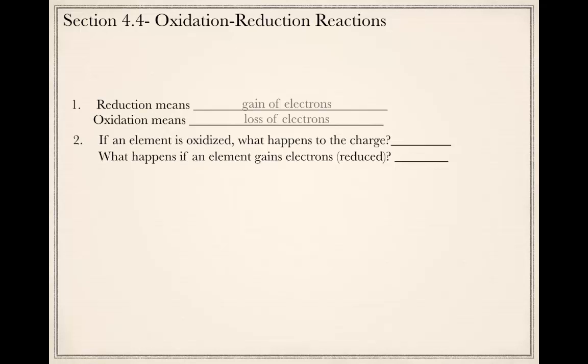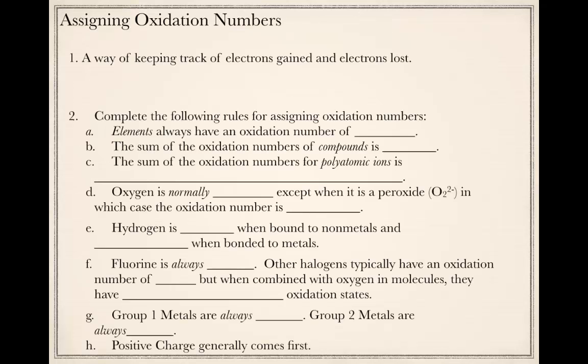So if an element is oxidized, its charge, because it has lost electrons, is going to become positive. If an element is reduced, or it gains electrons, its charge will be negative. And so in order to keep track of the loss and the gain of electrons, which is what is occurring during oxidation-reduction reactions, we apply oxidation numbers.